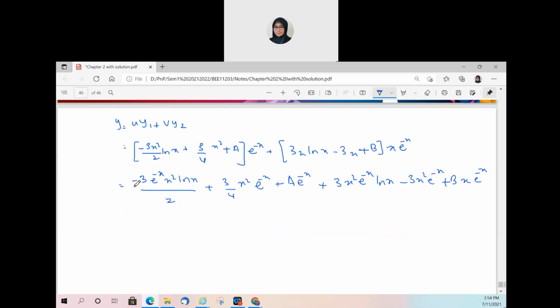Okay. So here, this one you have e^(-x) x squared ln x, this one also. Then this one will be, you can simplify this, right?